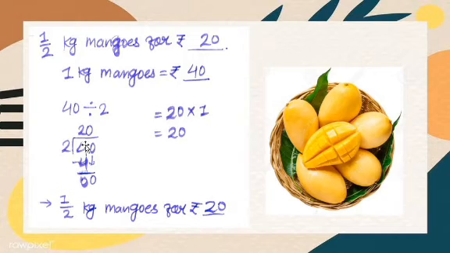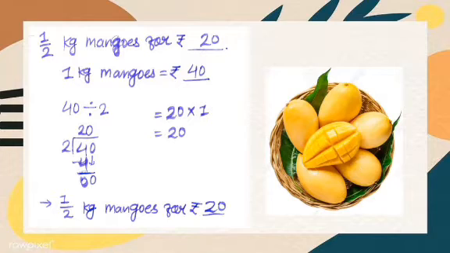We take only one number. 2 2s are 4. 4 minus 4, and then after we bring down 0. So it makes 20. We do 20 divided by 2, 20 ones are 20. Got my points? 1 upon 2 kg mangoes for how many rupees? 20 rupees. Understood, my dear students?